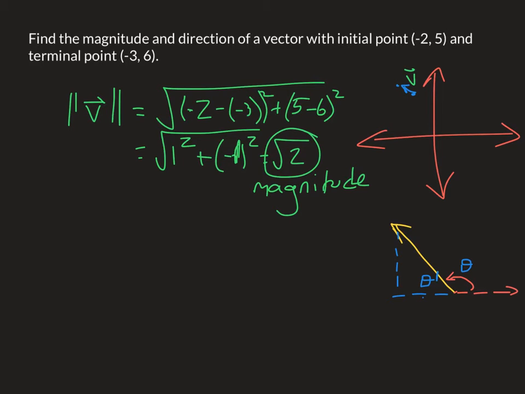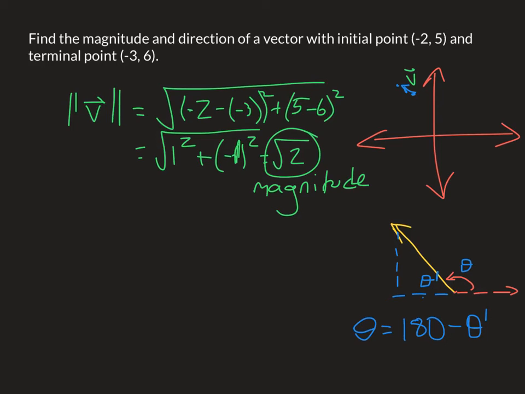We know that our vector's direction, theta, should be 180 minus theta prime. So it's just a matter of looking at the vector, realizing which direction it's facing, and should you compare it to 180 or 360 or neither. It's going to have a little bit of problem solving here based on how the vector looks.